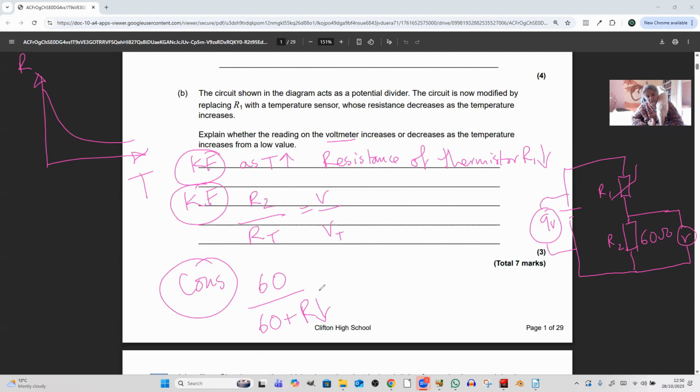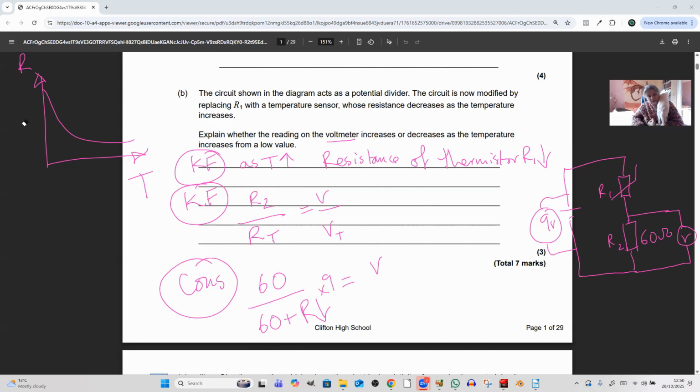Okay, so it's 60 divided by a smaller number, which means that V is going to go up, because V total is 9 still, isn't it? Can you see V is going to go up? The number on the denominator has gone down, which means that, can you see it's still multiplied by 9? Let's put that in there.